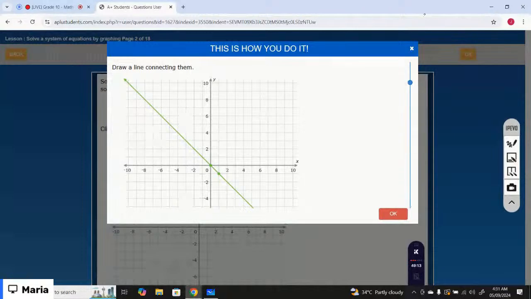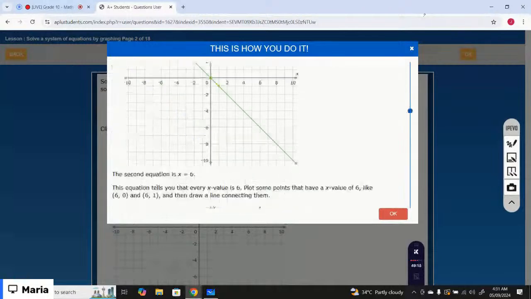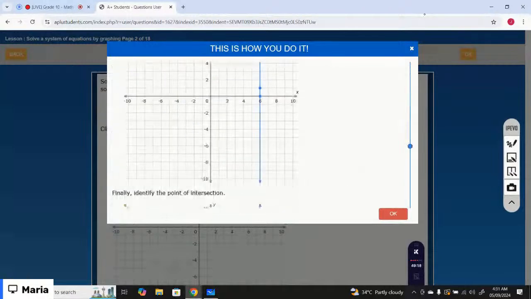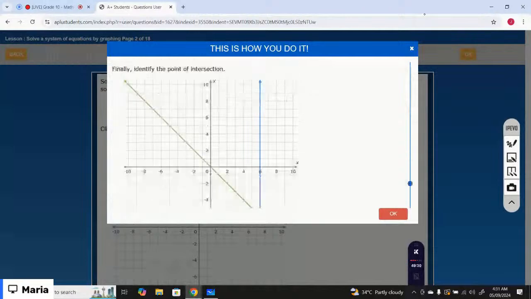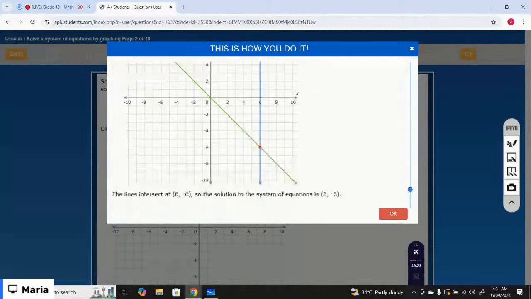For the second one, that is x equals 6. So here is the line x equals 6. Let's just make them on the same graph. So here is the solution, that is 6 and -6. Got it?